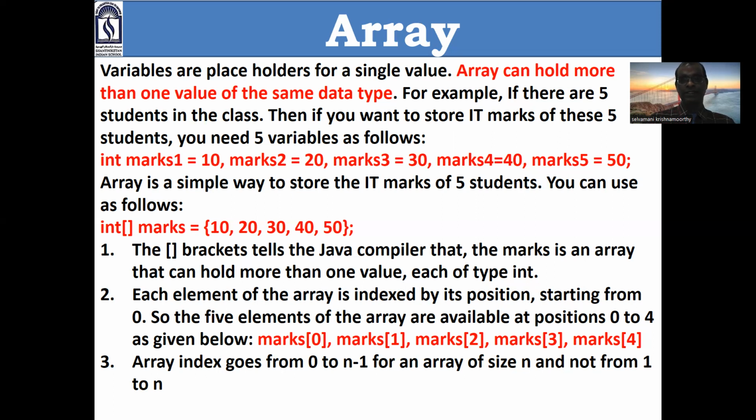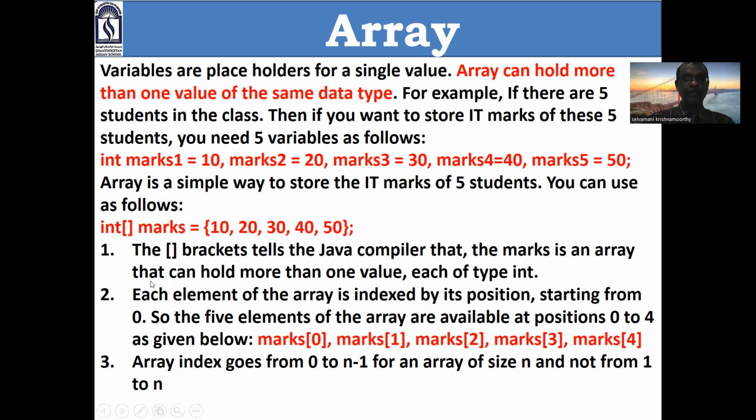Am I right? Since it is declared integer, marks is one array. It can store a maximum of 5 elements because we are assigning only 5 elements. All values should be under the int data type. Why? Because we mentioned int here. Int, open square bracket, close square bracket, one space, marks equal to, within curly brackets, 5 different integer values you have to mention.